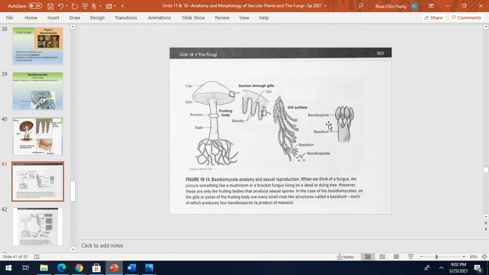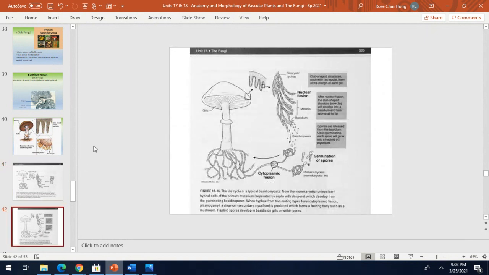And this is a bigger version of this part here. So here it would produce, what else? This is sexual reproduction.